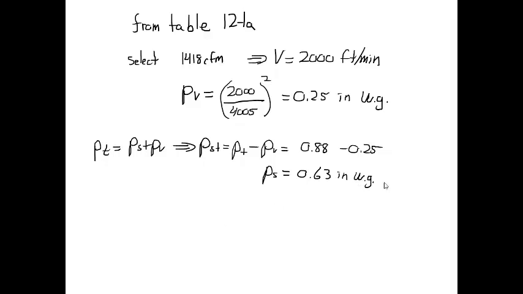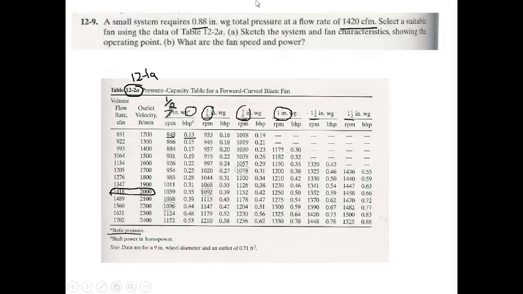If I go back to the table, this is approximately 5/8 of an inch of water. So I'm going to erase this. Looks like I'm landing on this column, which is 5/8 of an inch. If I look at 5/8 of an inch static pressure, this is my operating point. Looks like I have about 1,092 RPM.